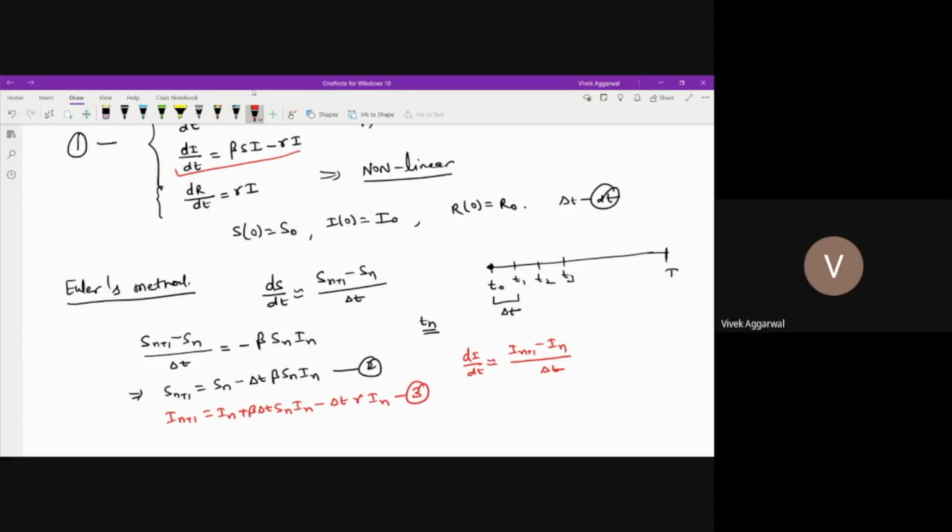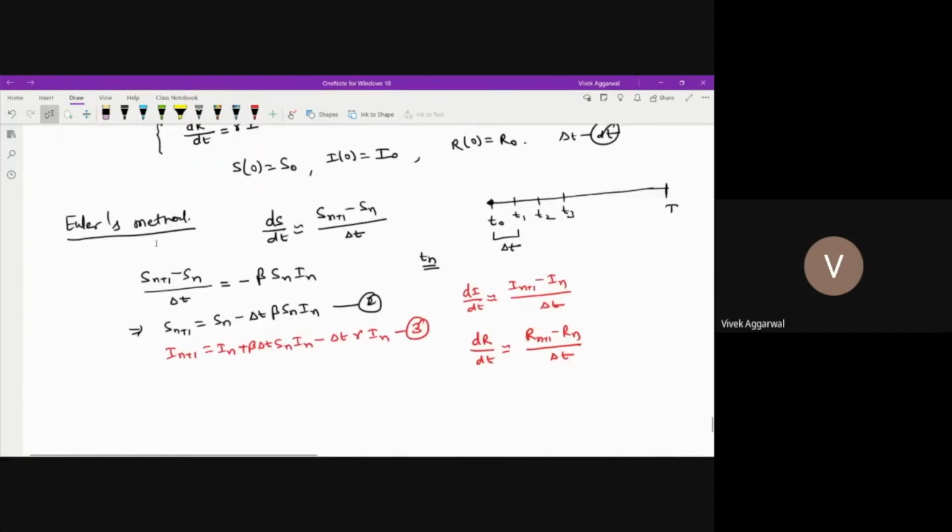And similarly, I can have my dR/dt approximated as (Rn plus 1 minus Rn) divided by delta T. So from here, you can write the third equation: Rn plus 1 is equal to Rn plus delta T gamma In.